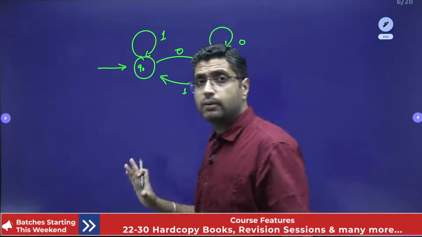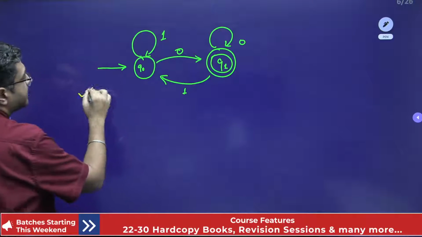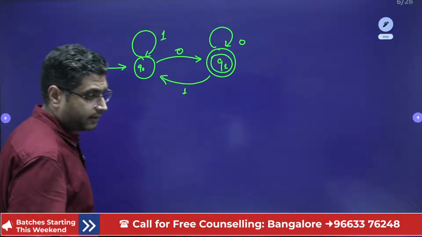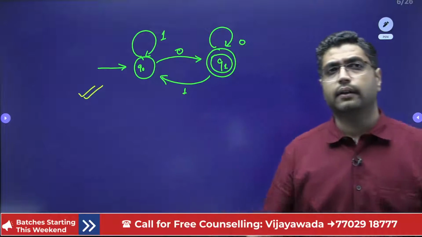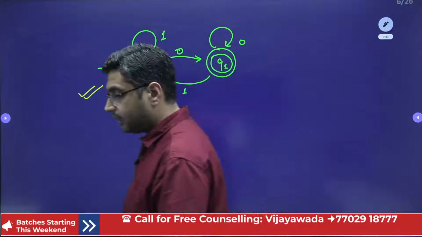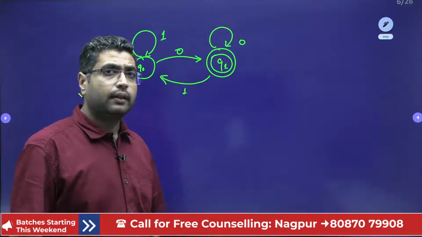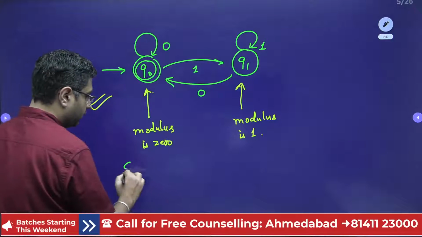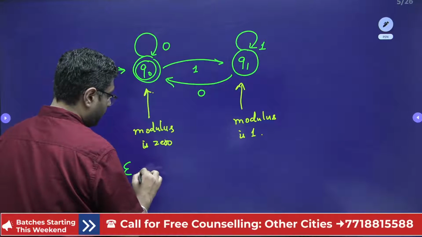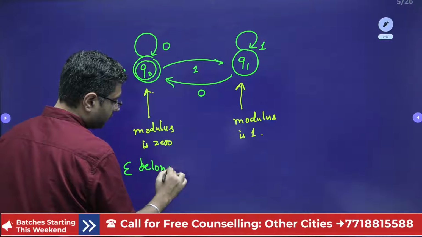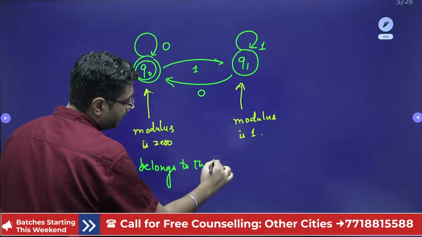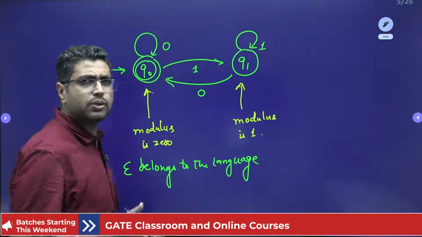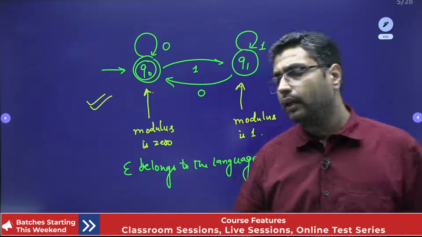Now this is also the same DFA for the same example. So both these DFAs are correct, 100% correct. Now this DFA is assuming that epsilon belongs to the language, which assumes that epsilon is nothing but a 0, nothing is assumed to be equivalent to 0, and therefore it is divisible by 2.